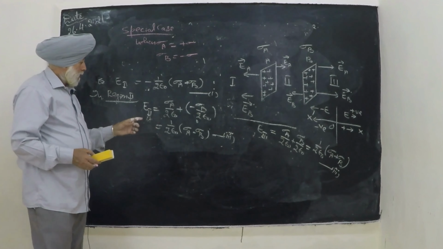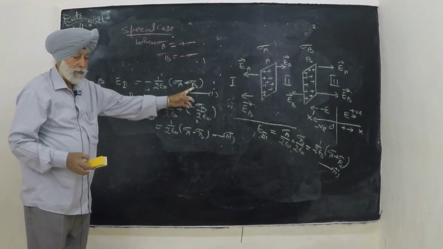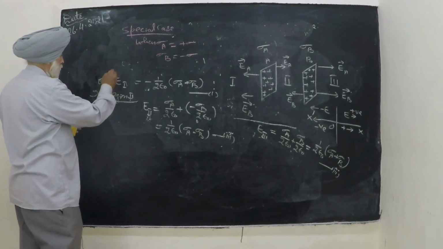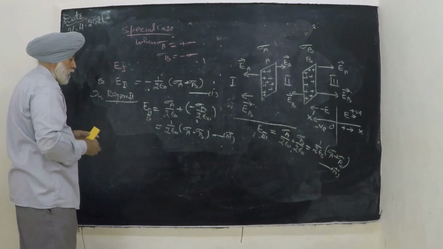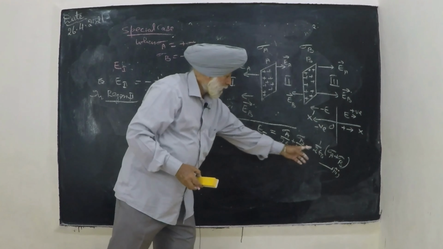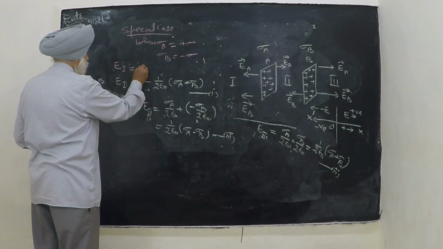Then in region 1, sigma minus sigma, the electric field intensity in region 1 will be equal to 0. In region 3 it is also equal to 0. E1 is equal to E3 is equal to 0.